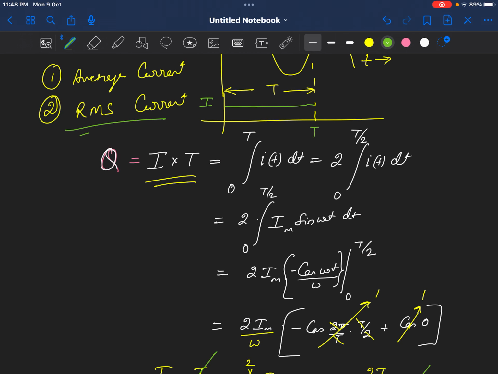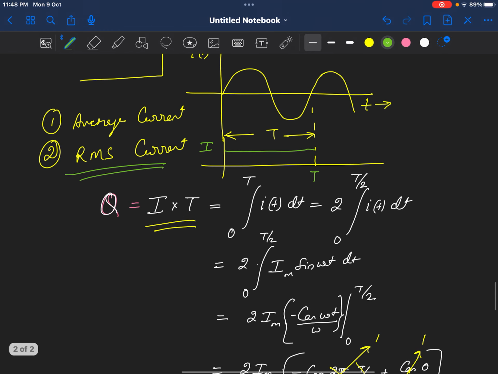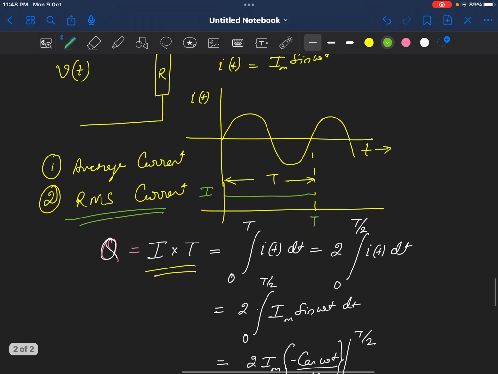Now, in order to get the RMS current, we need to evaluate what value of DC current would flow through a resistor for the same time and produce the same amount of heating.